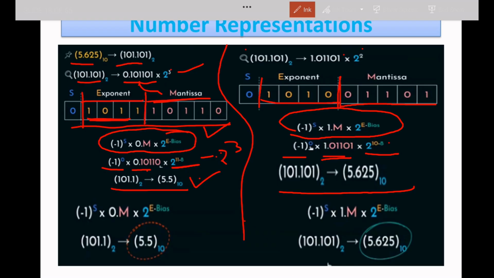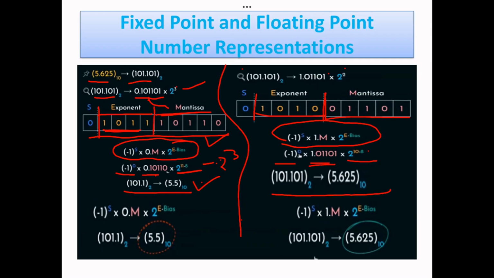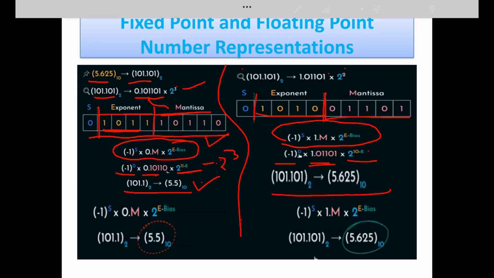So what is the meaning of this? If I am using explicit normalization, then I am using up 1 bit, and the output is not correct. Means after converting a number to floating point representation and then back to a number, we are not getting the same number.